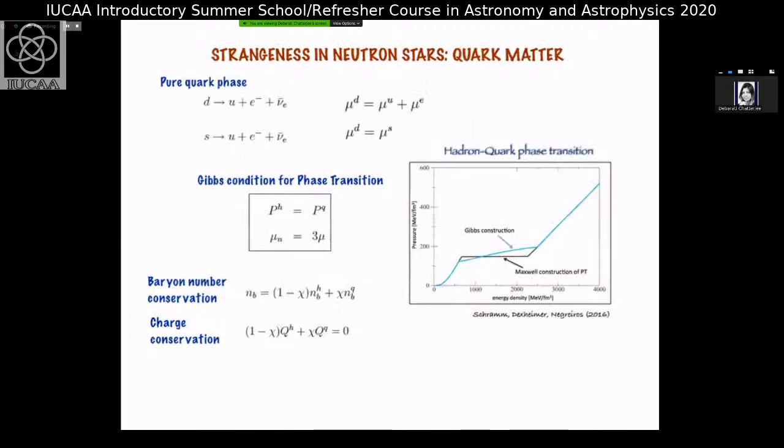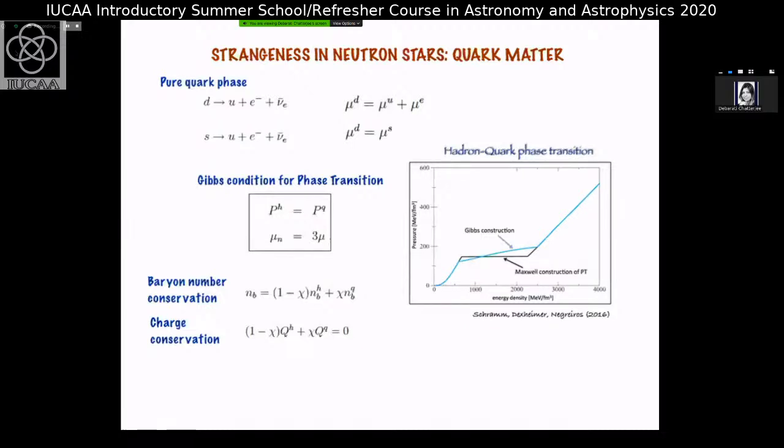In the same way, quark matter, pure quarks, can also appear in the interior of a neutron star. And in the same way, there is a condition for phase transition, which is governed by baryon number and charge conservation. This kind of construction is called the Gibbs construction, where you have a mixed phase between the pure hadronic and the pure quark phases.